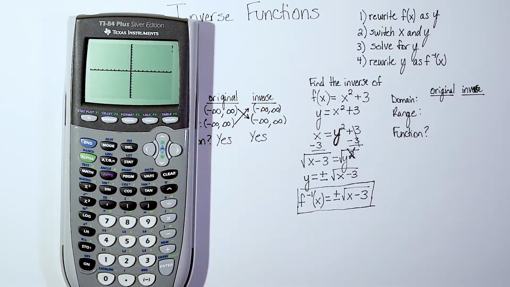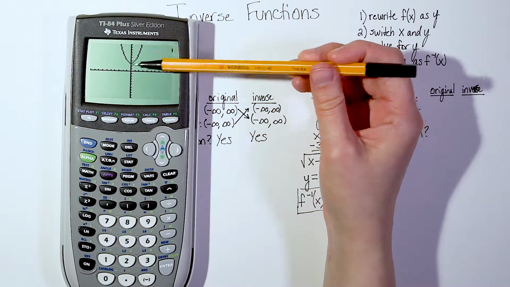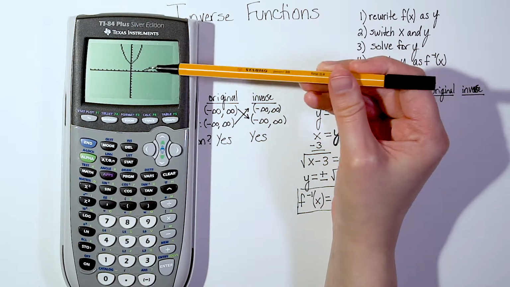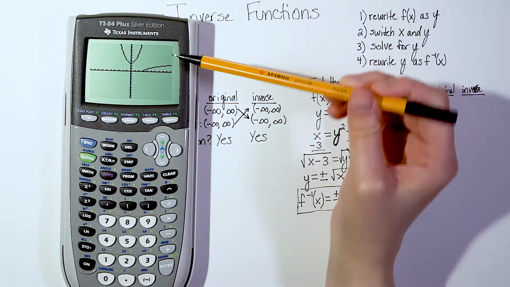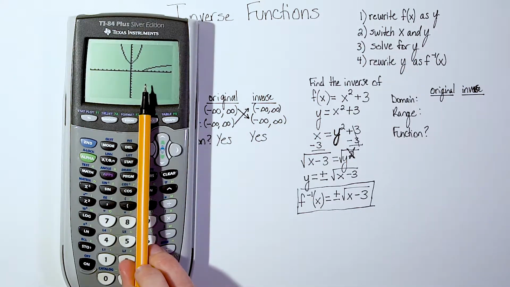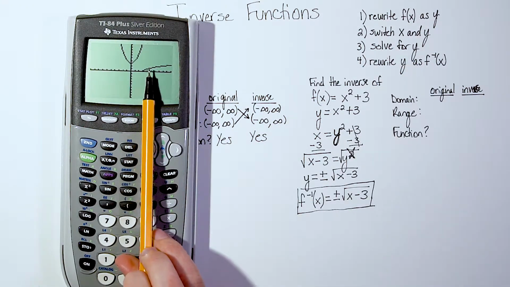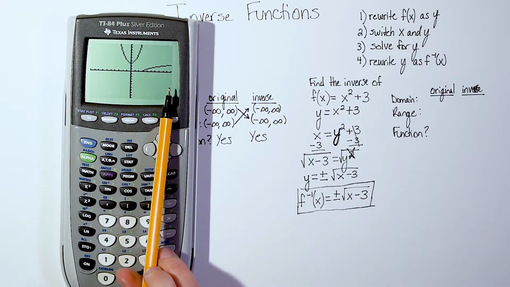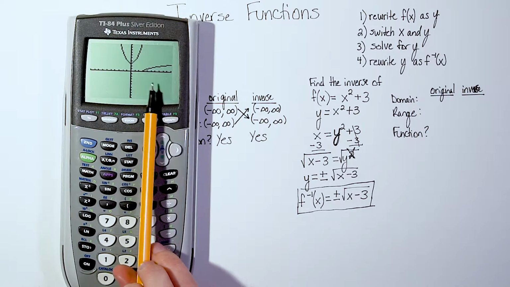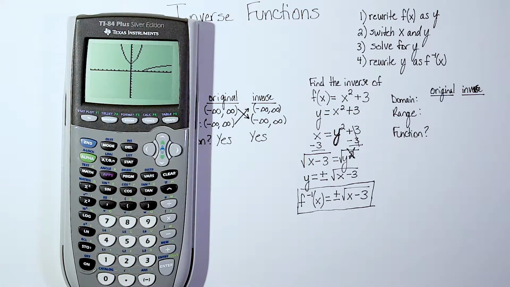So I'm going to graph. So there's the original, and look at that. Notice that's only half of the picture, right? So that's the positive version, but we need the negative version as well to complete the picture of the inverse.